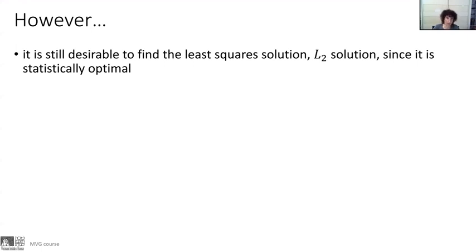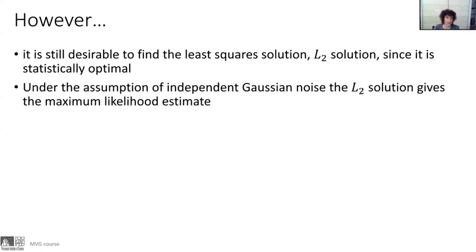It has the geometric interpretation, but still does not have some familiar statistical meaning. Okay, so in the case of the L2 norm, under the assumption of independent Gaussian noise, the L2 norm gives you the maximum likelihood estimate. This is the reason that I would like to solve it.